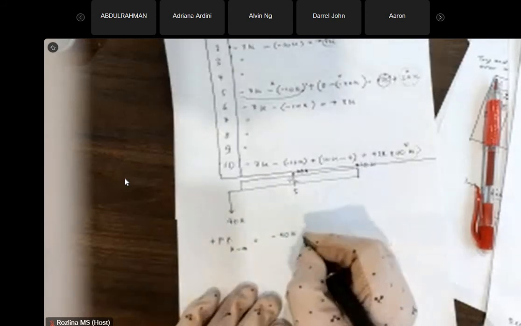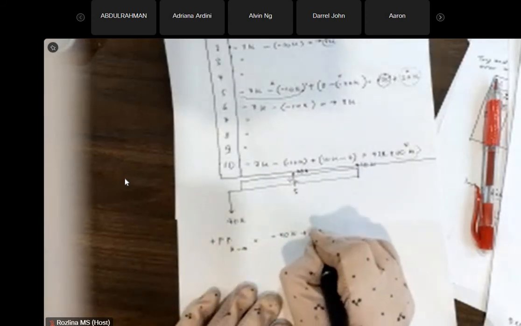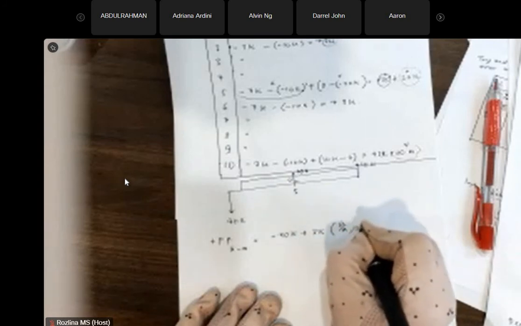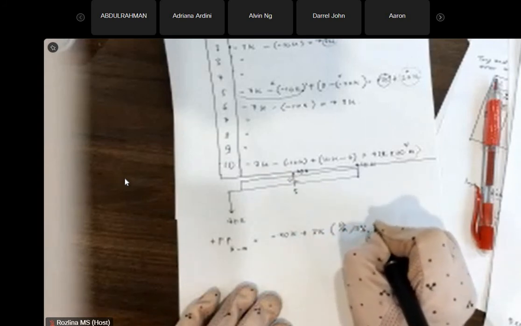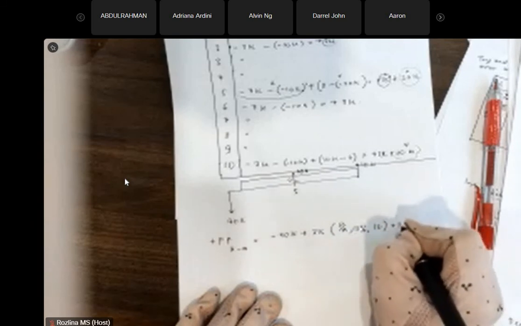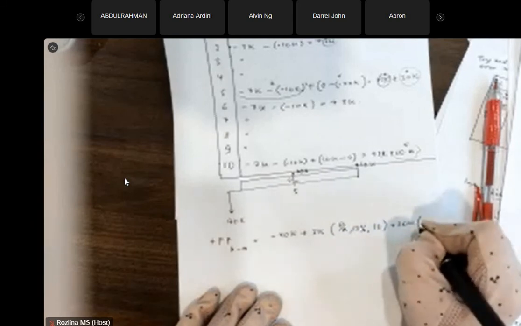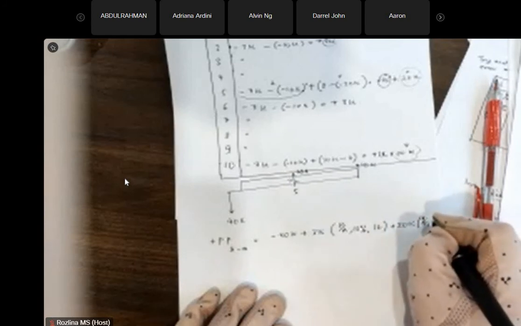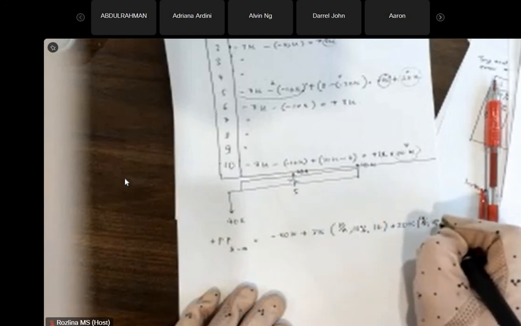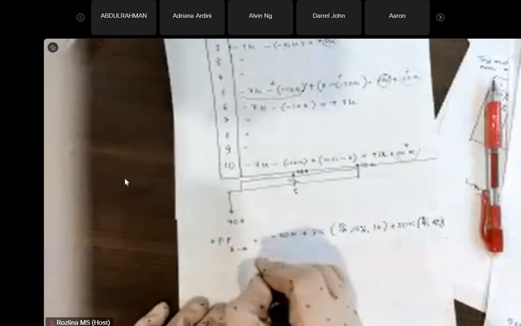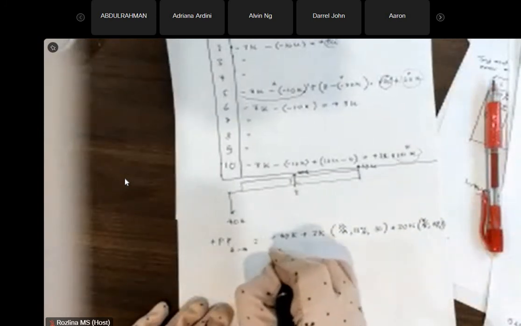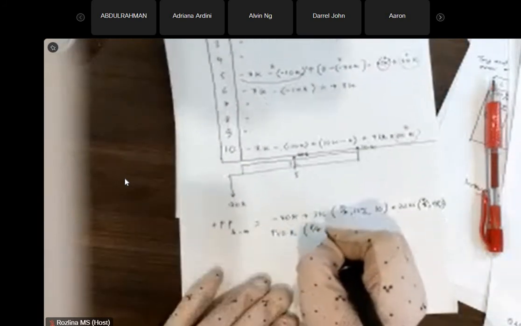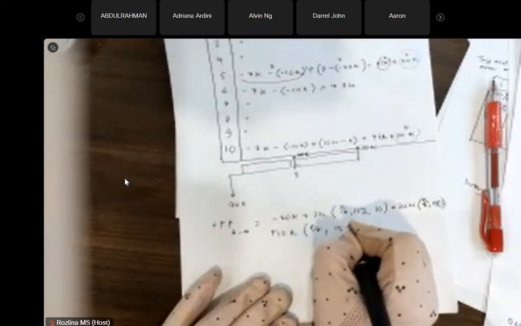Negative 40K plus 3K P over A 15%, 10 plus 20K P over F 15% 5, plus 10K P over F 15%.